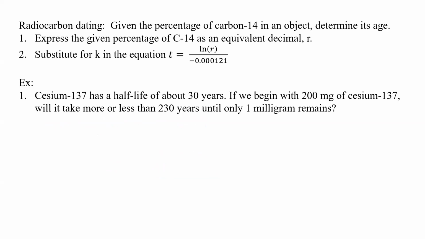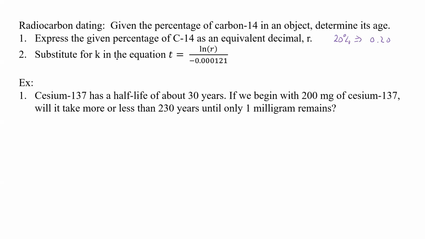Now there's also something with radiocarbon dating. This one is C14, so like I said, I don't know why the other one had that. Given the percentage of carbon-14 in an object, determine its age. We can express the given percentage of carbon-14 as an equivalent decimal. So maybe they say there's 20%, and you convert that to a decimal, so that would be 0.20.